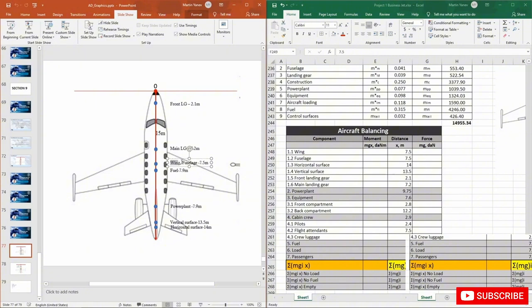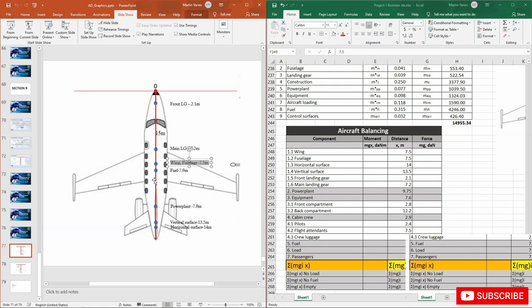So first, what I will do is to position the wing and the fuselage exactly in the middle of these 15 meters, which is at 7.5 meters, and they are positioned in the middle of the body. Then the fuel is usually a little bit rear compared to the wing position, because as you can see, because of the sweep wing angle, the mass of the fuel is concentrated a little bit backwards compared to the wing position.